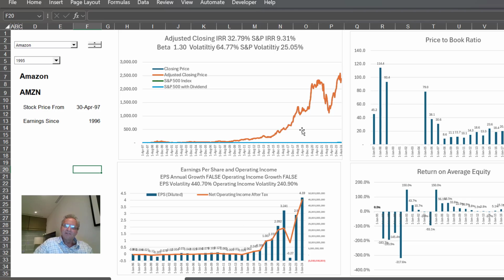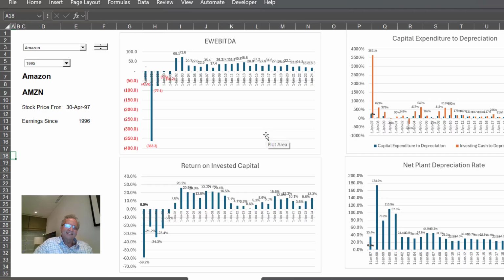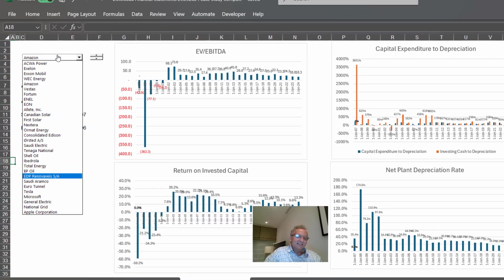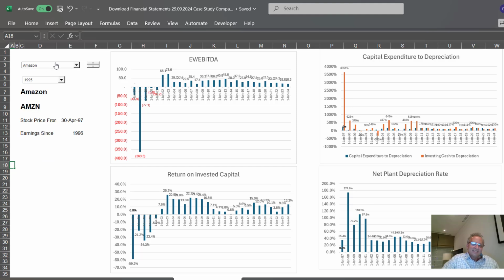Here's what happened to Amazon. When the stock market came down, it's probably driven by, in 2023, this gigantic change in Amazon. And if we also look at, who else did I put? I put Tesla. These are the things that are driving the stock.